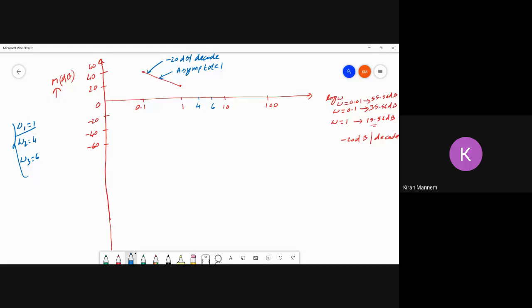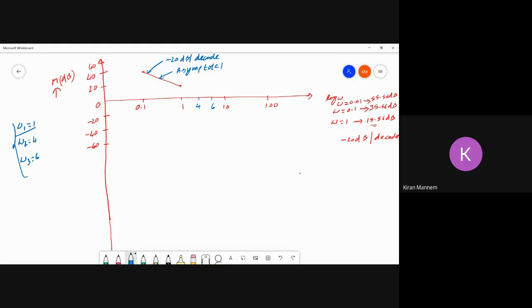So what's the next frequency? Next corner frequency, 1 to 4. The slope of the straight line should be minus 20 dB per decade, right? From the basic factor 1 by 1 plus j omega, when omega is less than omega 1 equal to 1, it is a straight line with 0 dB.